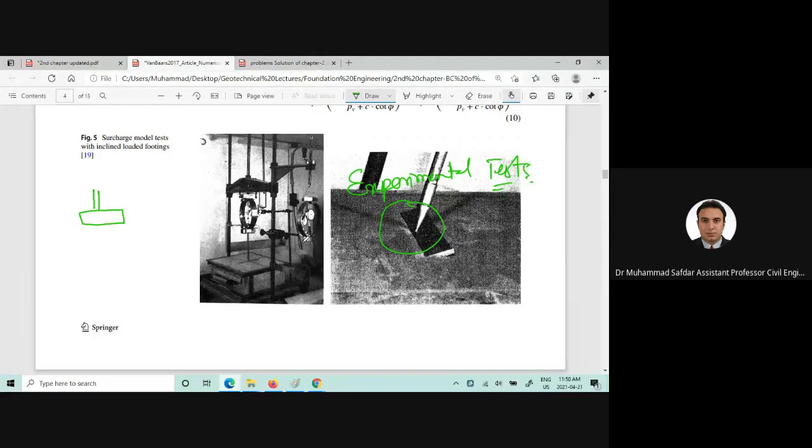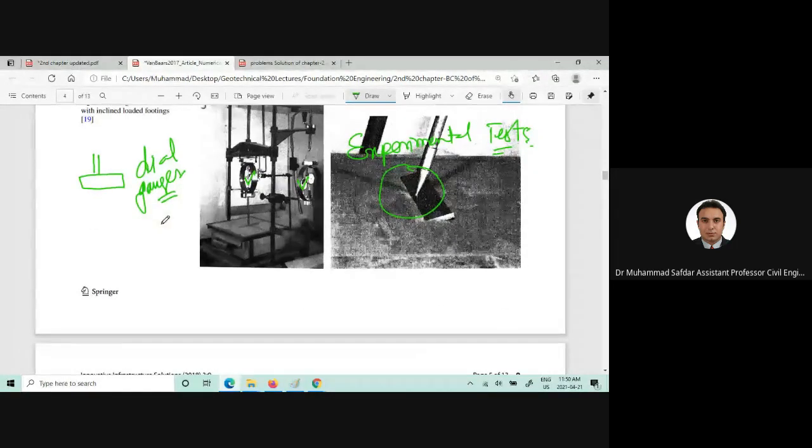You can measure the loads and deformation using the dial gauges which are available in geotechnical labs. It's kind of a box, not the shear box, but a box where you can push this foundation into the soil.